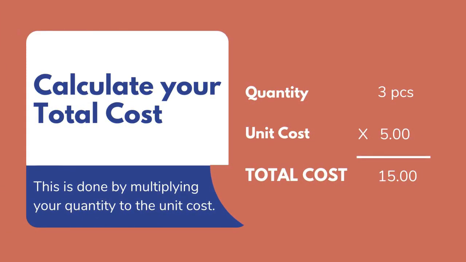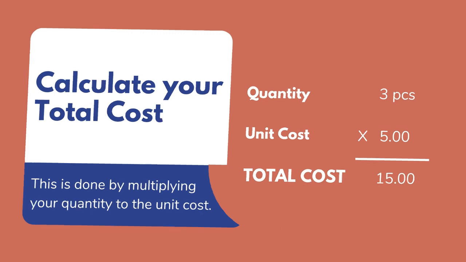Calculate your total cost. This is done by multiplying your quantity by the unit cost. For example, the quantity is 3 pieces multiplied by the unit cost, which is 5 pesos. Now, the total cost is 15 pesos.